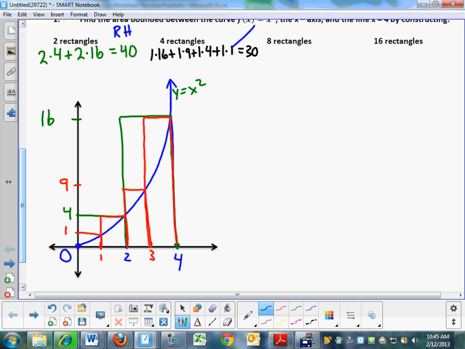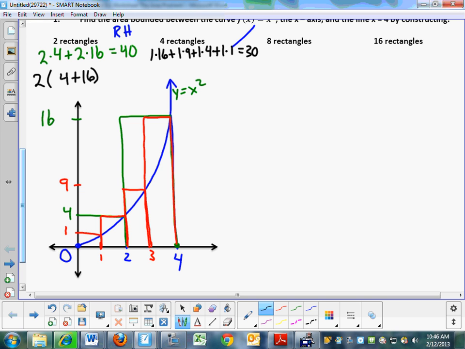Can I show you something that's happening here? Yes, we will make a billion rectangles, but we're not going to do that for a while, so I want to try to show you a shortcut here. See how you're going to have the width in each case? So we could factor that out, couldn't we? You could take 2 times parentheses 4 plus 16.